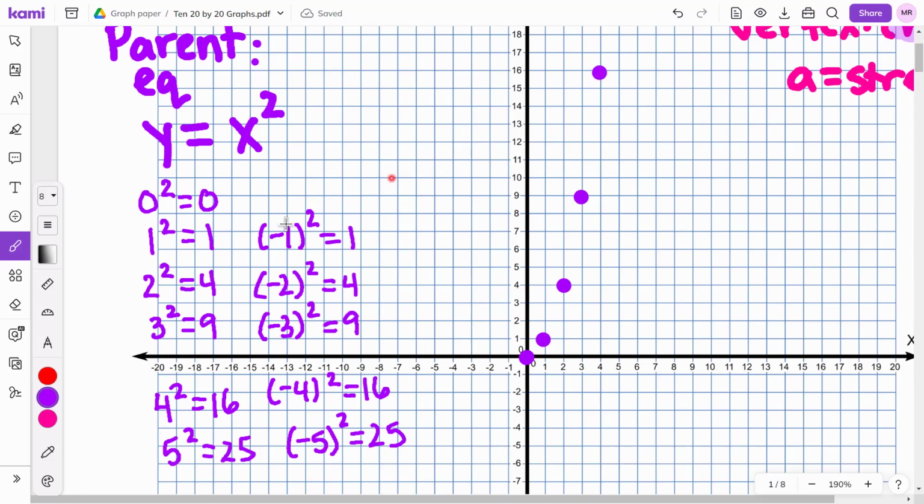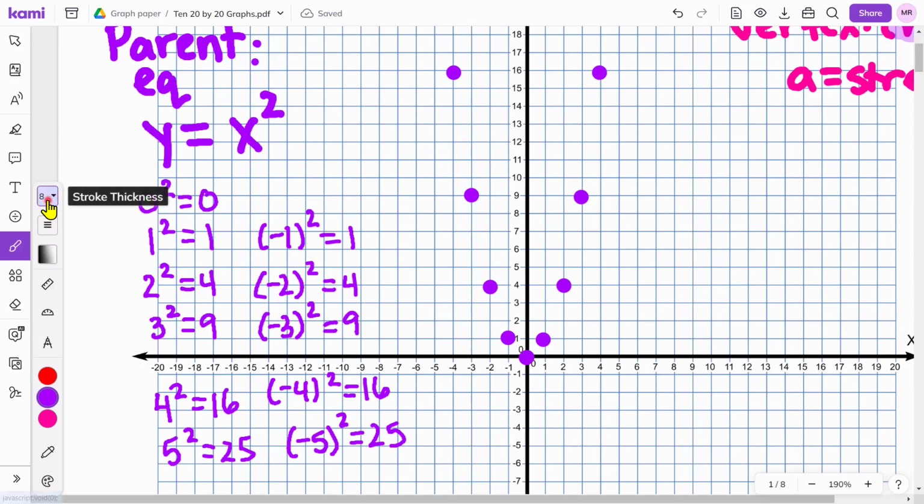Now remember that when I square a negative, I'm going to end up the same as the positive. So I'm going to have a symmetric graph here. So -1 squared is 1. -2 squared is 4. The quantity -3 squared is 9. The quantity -4 squared is 16.